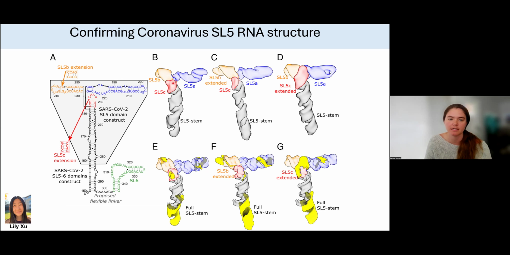So that's what we see from the image in B to D is we've inserted part of the helix in the red region, and we see that it is extended, confirming our placement of the red helix in that region. So this is a nice method to confirm your helical placements in cryo-EM when your resolution may be a little low.